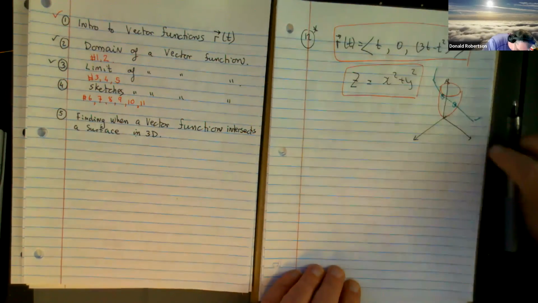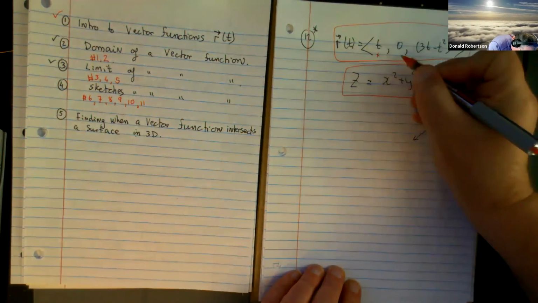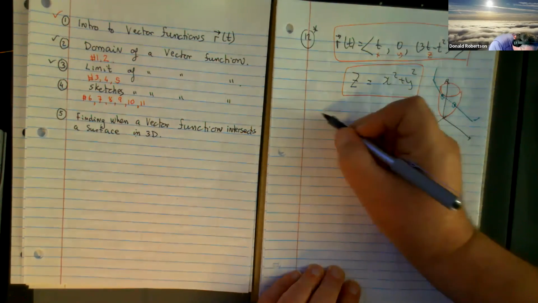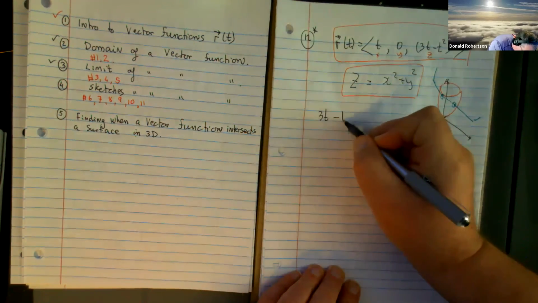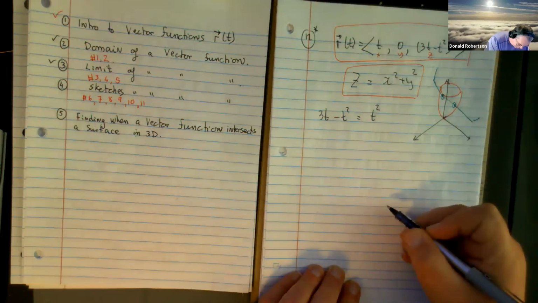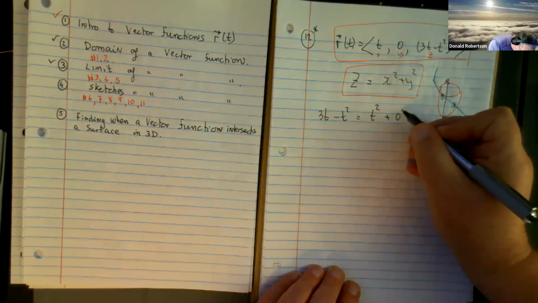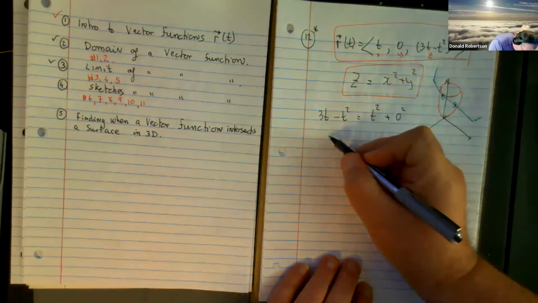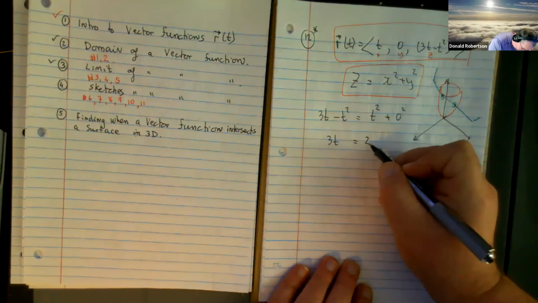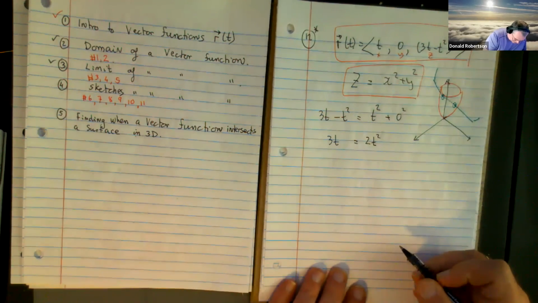So X, Y, Z. So Z is 3t take away t squared. X is t, so x squared is t squared, and y is 0. So you got that. If I add a t squared to both sides, I guess I get that.